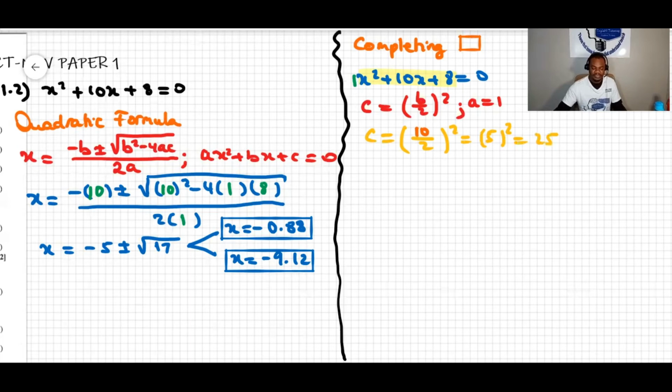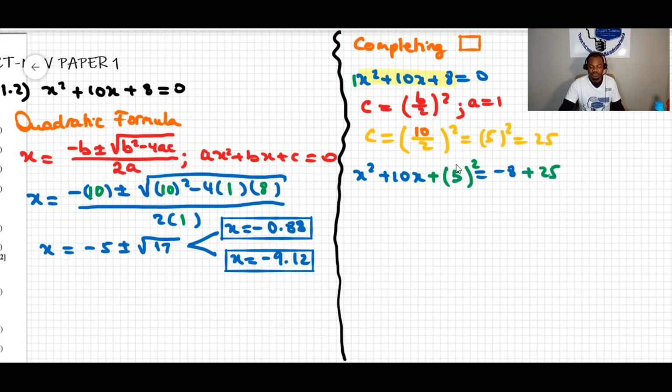Now I'm going to write x squared plus 10x. I'm going to leave some space here and then move the 8 over, it becomes negative 8. Then I'm going to add the c value, which is 5 squared, which is 25.